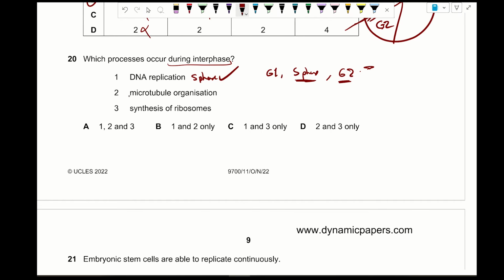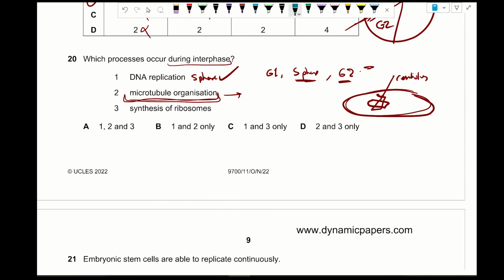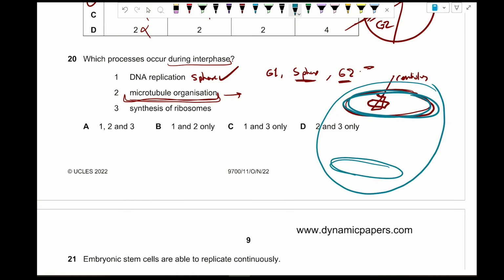Microtubule organization. Microtubule organization actually occurs during mitosis by the centrioles inside centrosomes. So these are the centrioles inside the larger ones, which are called centrosomes. Let's assume that this is a giant cell.